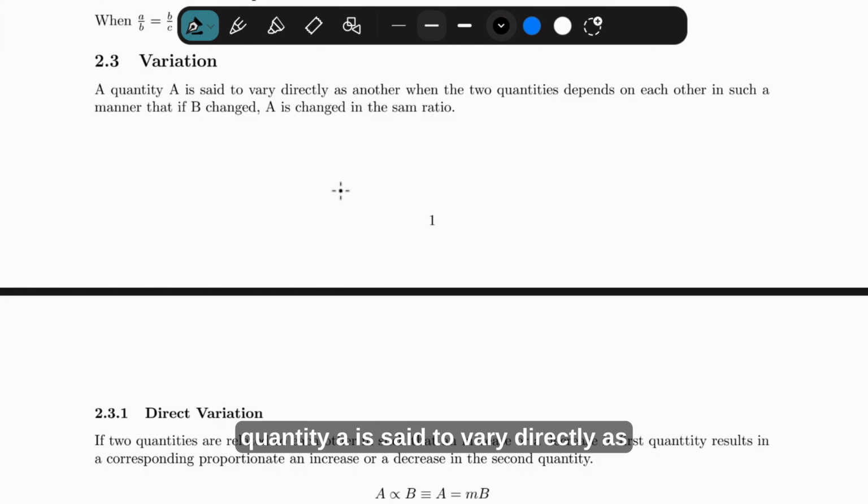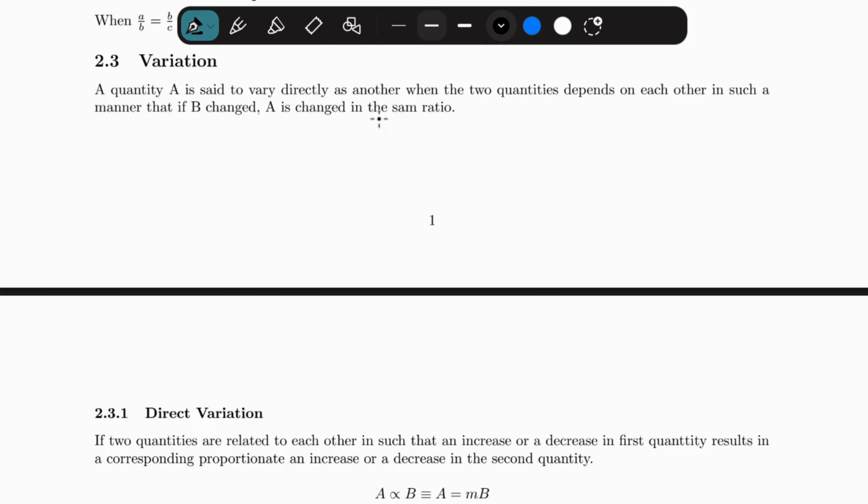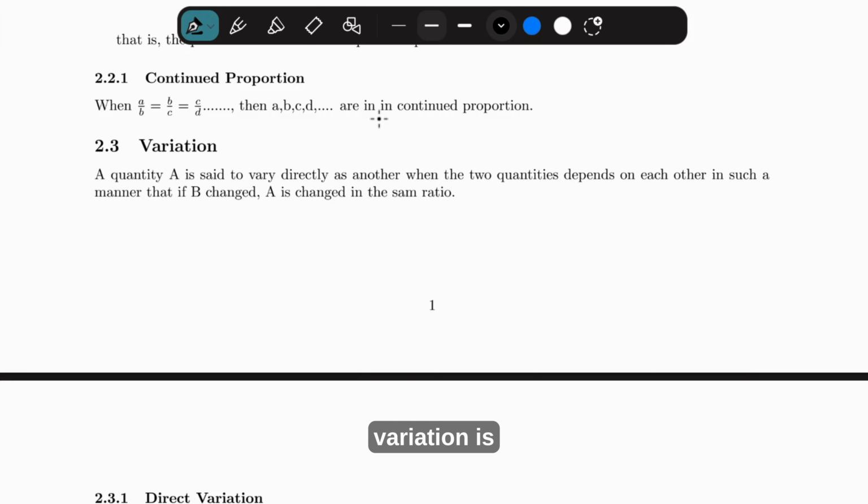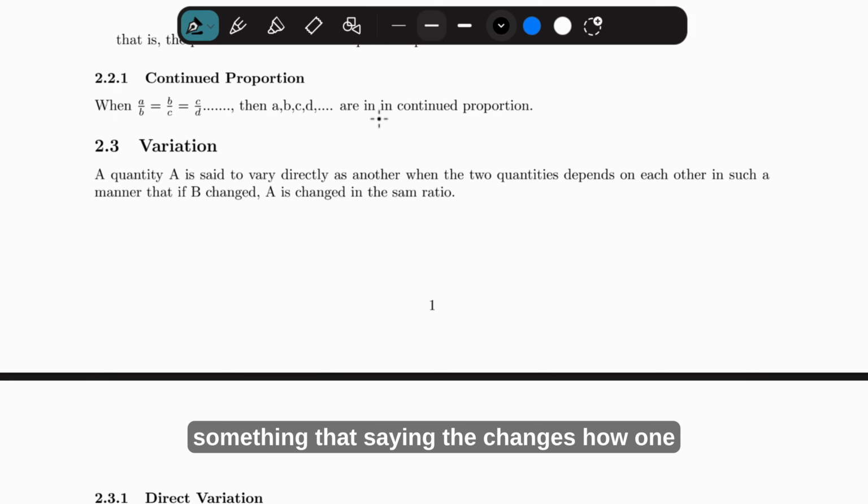A quantity A is said to vary directly as another when two quantities depend on each other in such a manner that A changes at the same rate. Variation shows how one quantity varies with another.